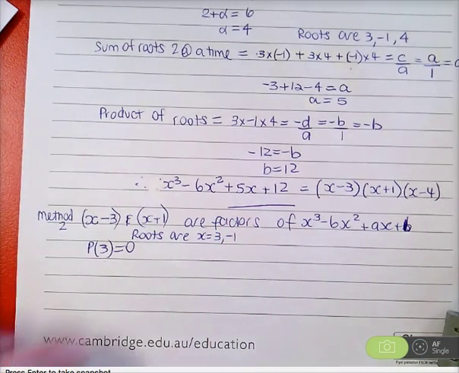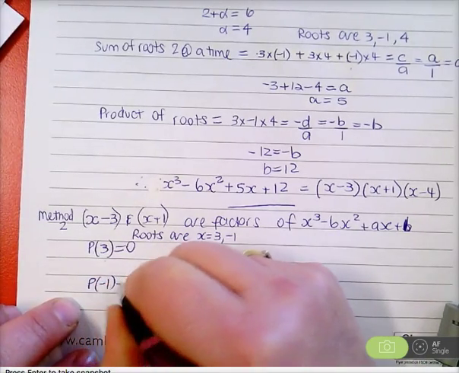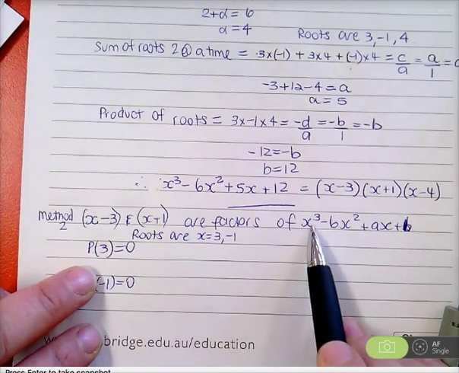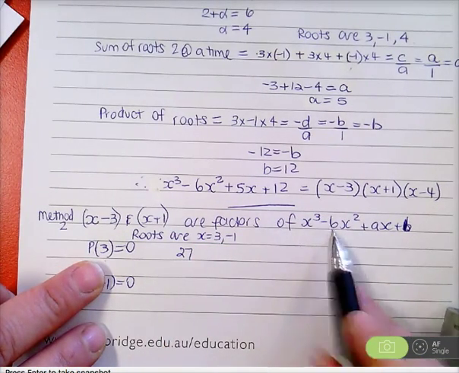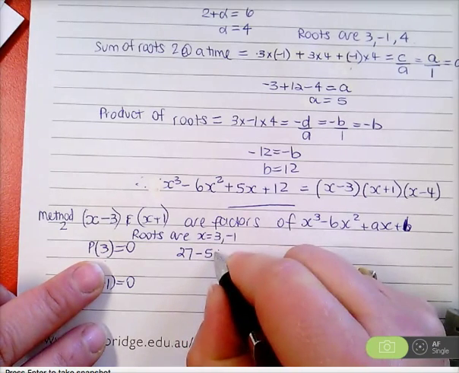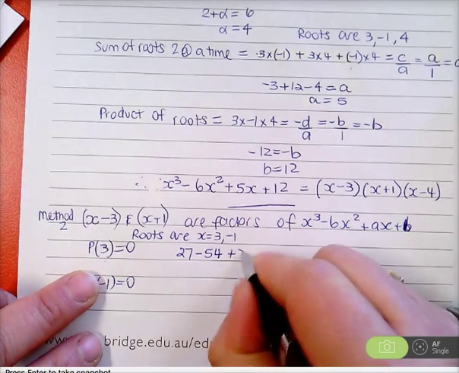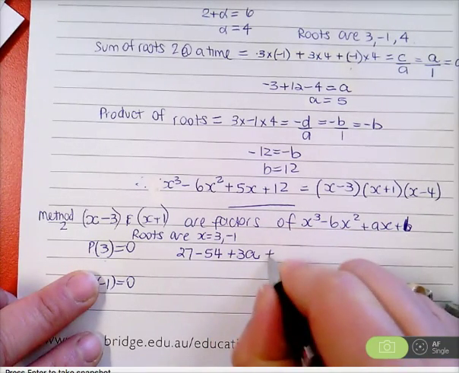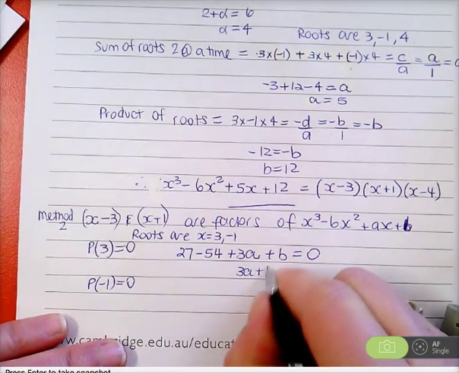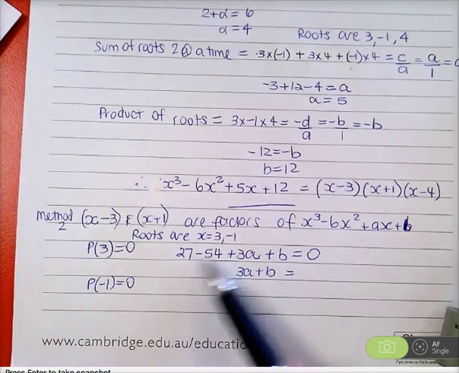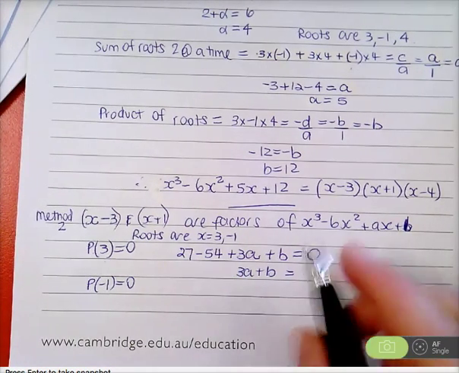So that means P of 3 is 0 and also P of -1 will also be 0. So if you put 3 in when x is 3, you get 27 minus 6 times 9 is minus 54 plus 3a plus b is 0. So 3a plus b is 27 minus 54, which is negative 27 on the other side.